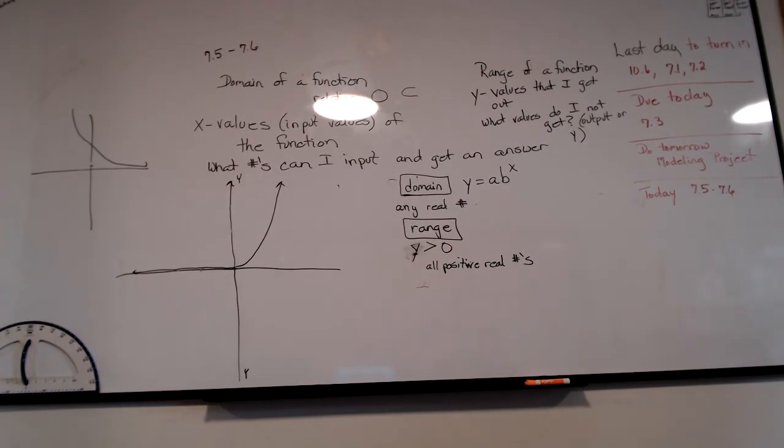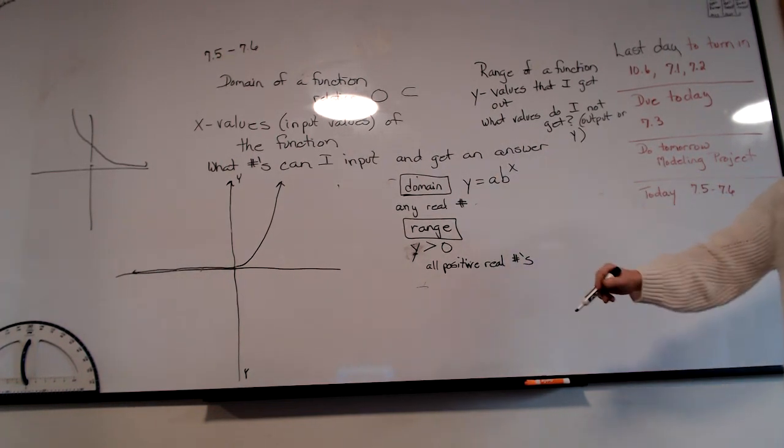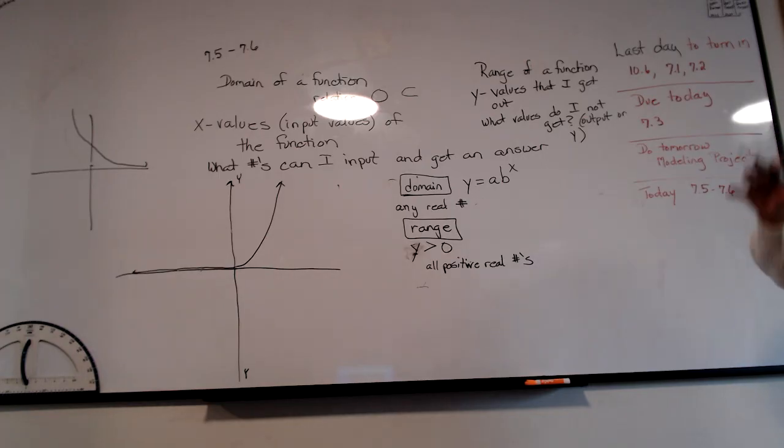So that's where I say, what values do I not get? I don't get negatives. So that means I just say it's all the positives that I get, because I don't get negatives. Okay, so you can look at your graph.